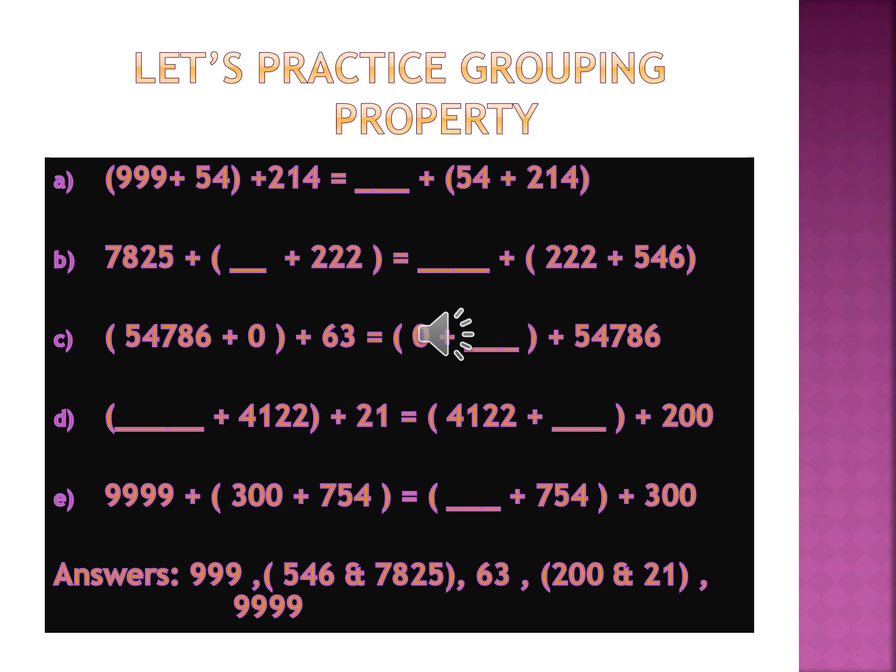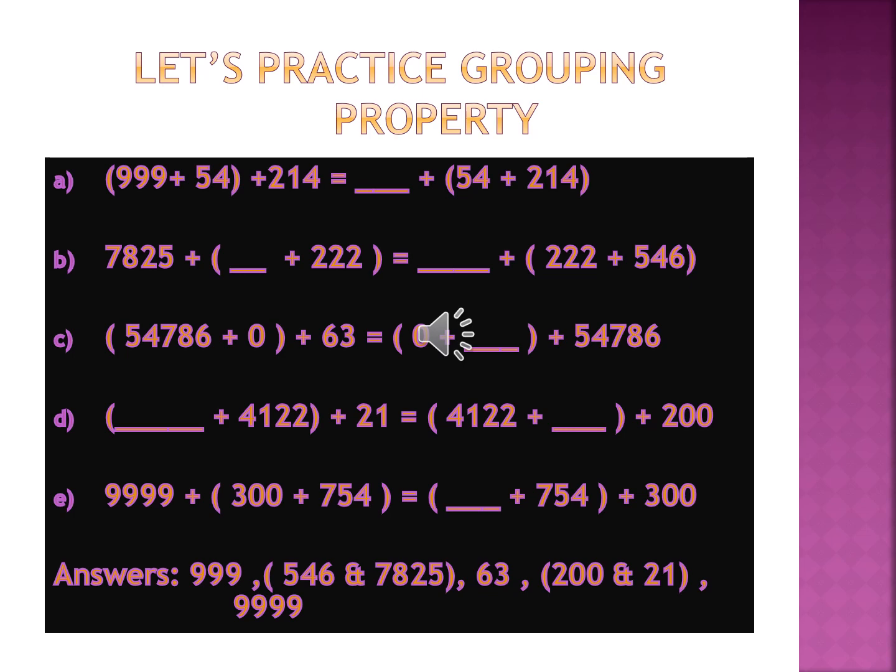Whichever addend is missing from either of the sides, you can fill that in the blank. Like in the first example, there are 3 addends: 999, 54 and 214. On the right hand side, 54 and 214 are there, but 999 is missing. So in the blank, the answer will be 999.